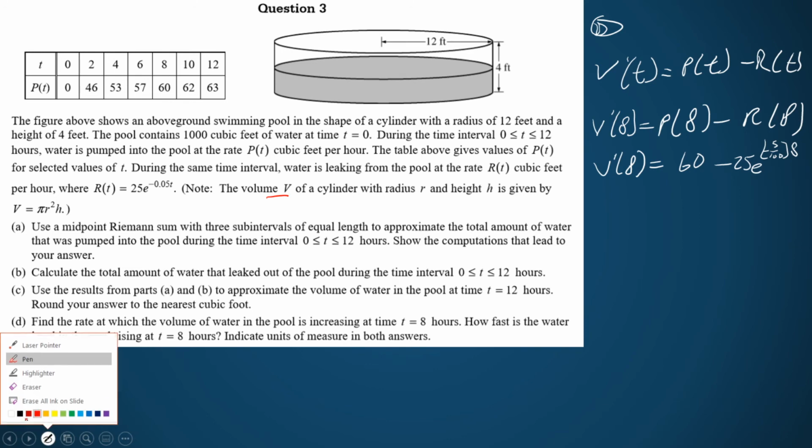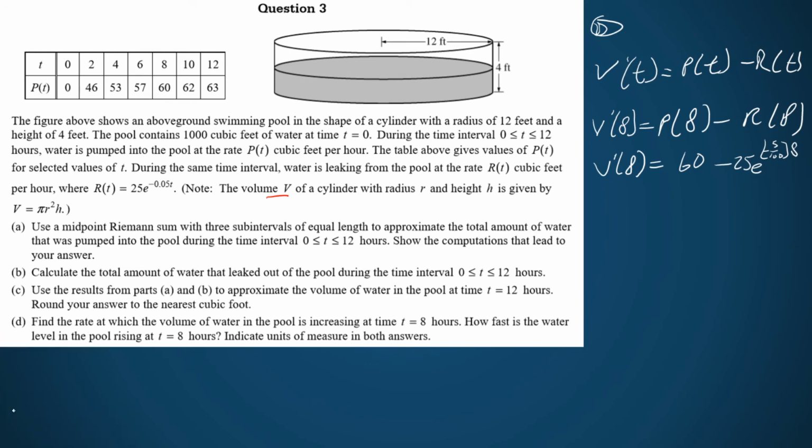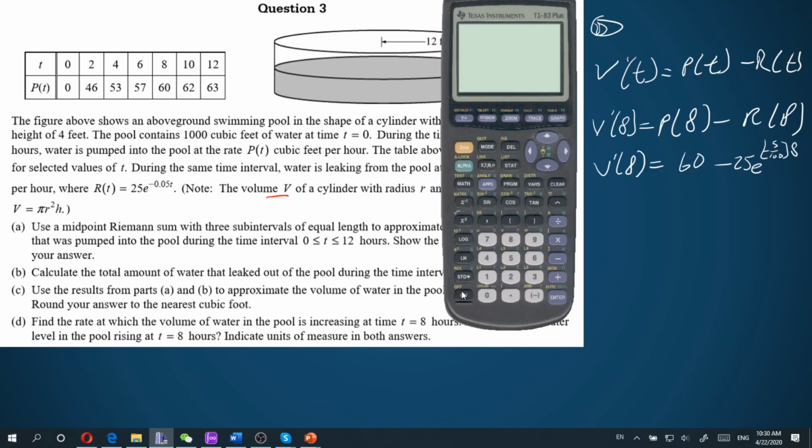So we'll grab that really quick. 60 minus 25 e to the negative 5 over 100 times 8 is 43.242.